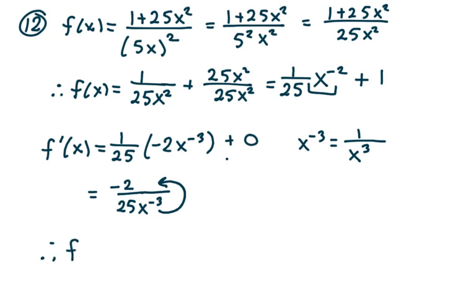And so what I can say is f prime of x is negative 2x to the third divided by 25. And that's how we do problem number 12.